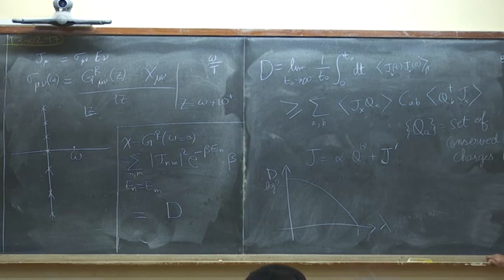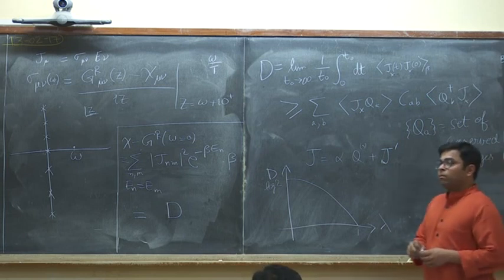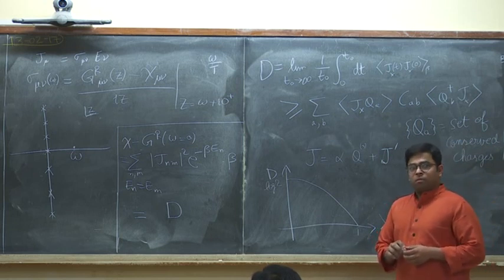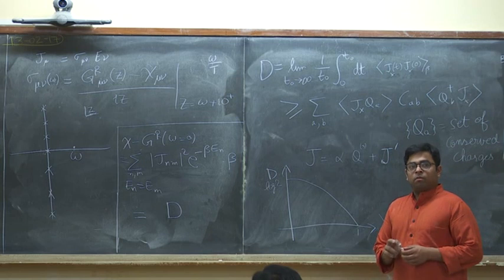Yeah, I have a question. Because you are calculating the 2-point function of the current, this is the reason why you could get away with saying that the Q_A are conserved. Right.